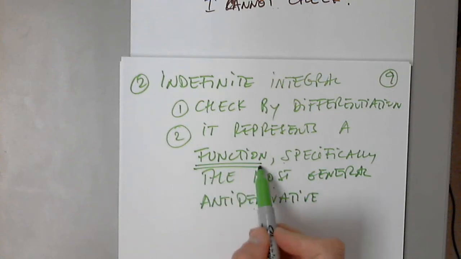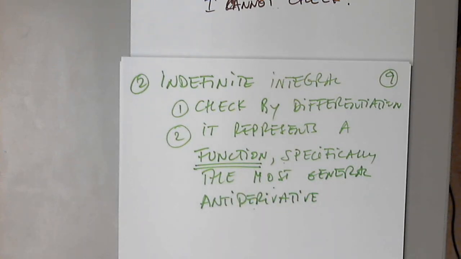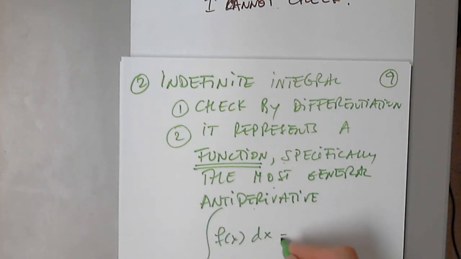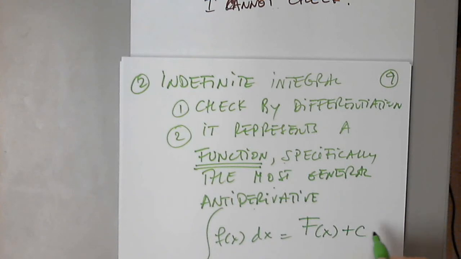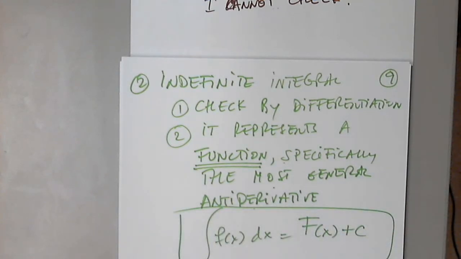And please remember it's a function. That's why I can check by differentiation. So how does it look? This is the indefinite integral, the integral of f of x dx. Of course, we don't worry about whether it's continuous or not, because we only determine the function.